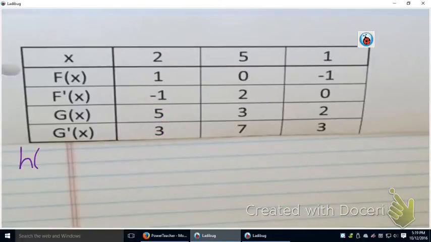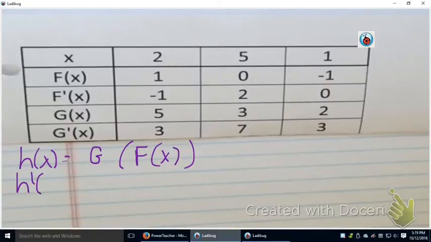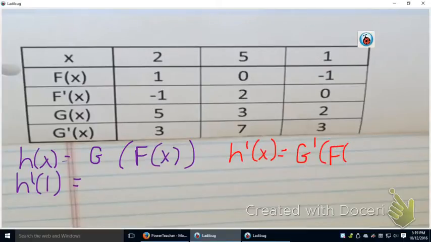Okay, we're going to do another one like that. Let's say that we have g of f of x, and we want to figure out h prime of 1. So the derivative is g prime of f of x. Well, I'm going to go ahead and put in the 1. So you start with what's out here, you take the derivative of it, leave f, then you multiply by the derivative of f at that time.